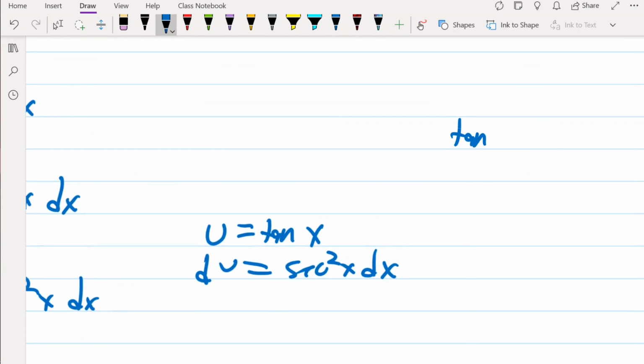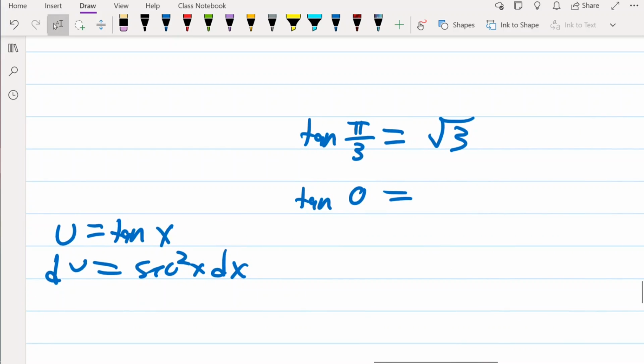Tangent of pi over 3 is root 3. Tangent of 0 is just 0.